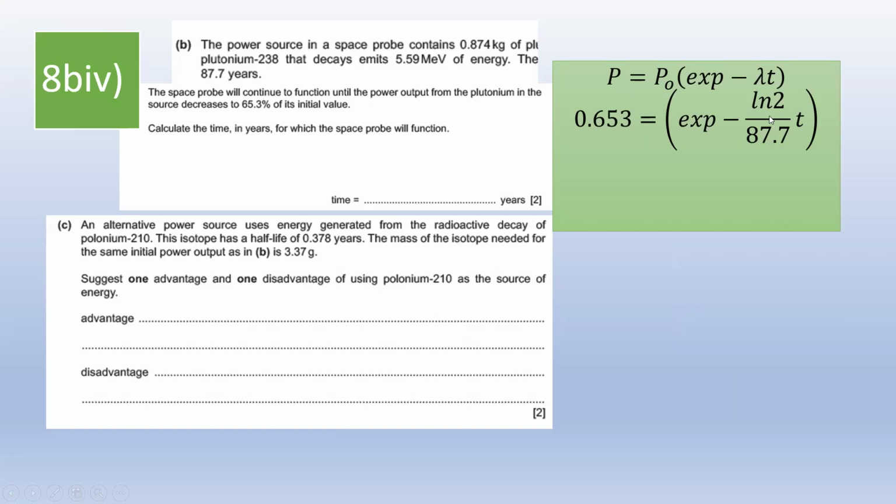And lambda is ln 2 over half-life, you can use 0.693. And then that is in years. Because you want the answer in years, might as well calculate it out again, rather than use the lambda calculated in seconds. And T is what we want to find. So taking the ln of this one.